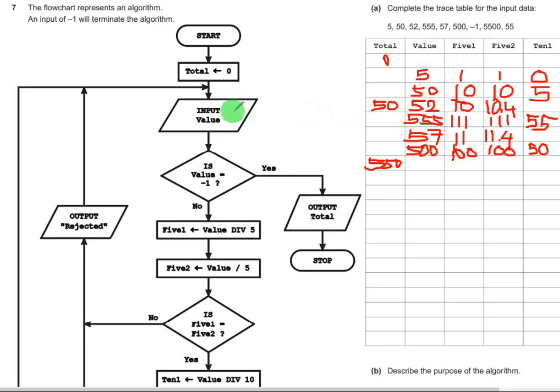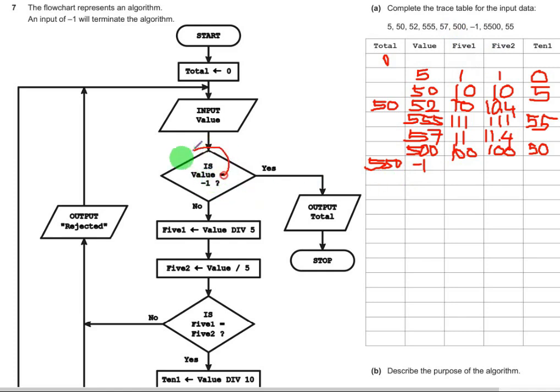Something big is going on. So -1 is the input value. Write it first, you need to write it first. After 500, you write down -1.